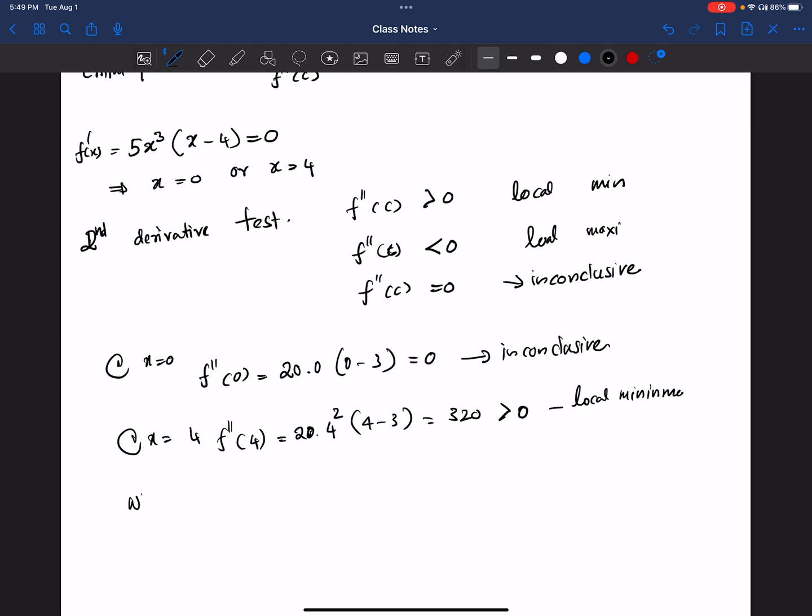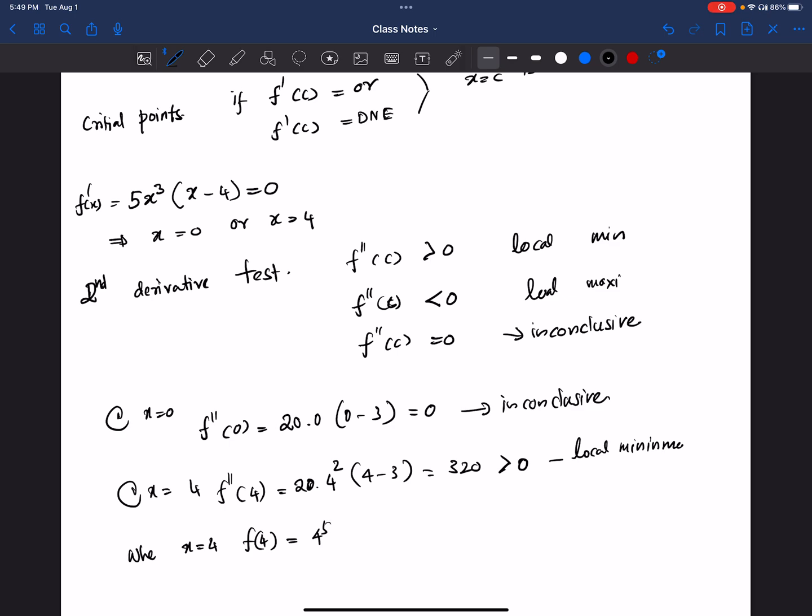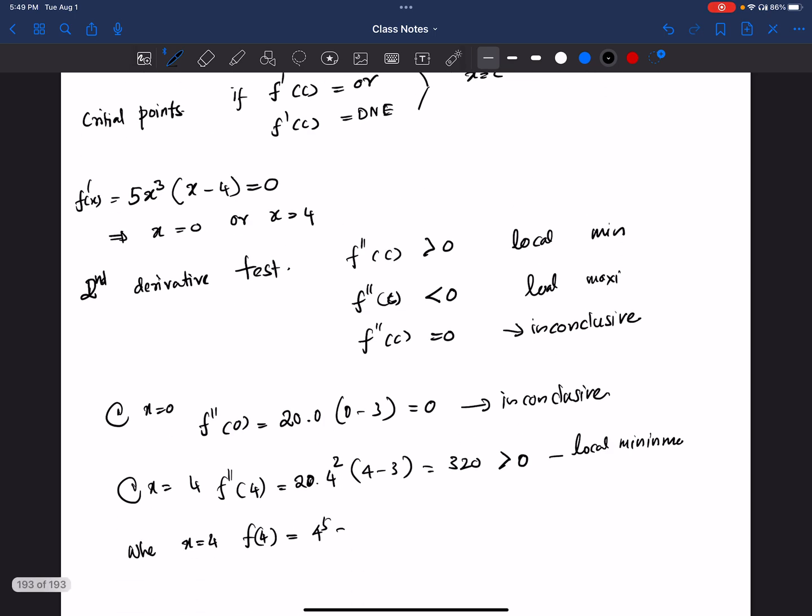So when x equals 4, f of 4 is 4 to the power 5 minus 5 times 4 to the power 4.